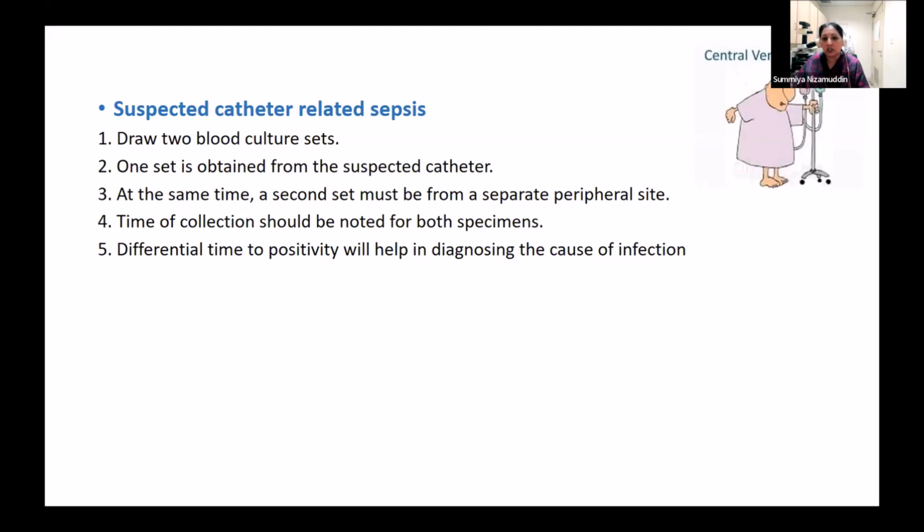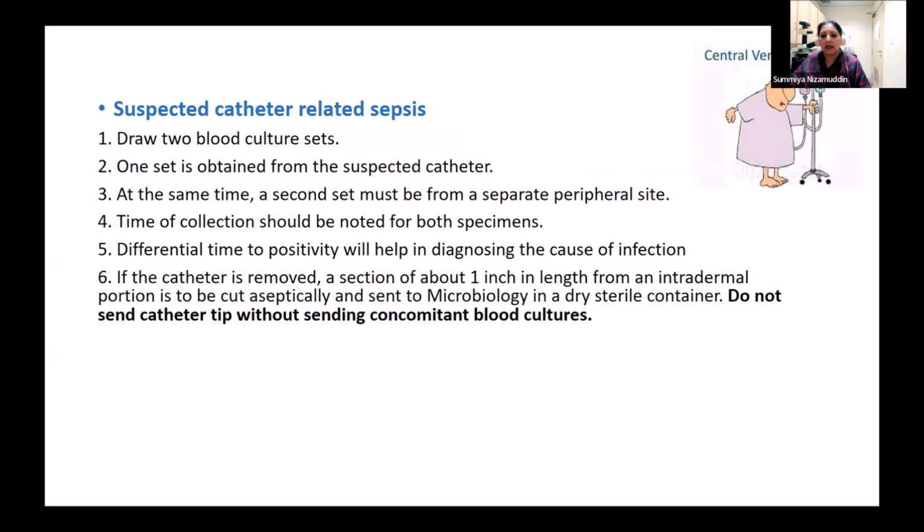But if your catheter blood culture bottle comes back positive 2 hours before your peripheral blood culture bottle, that means your catheter was the cause of infection over here. And here you will then have to decide whether to remove or replace the catheter. And if both of your bottles come back positive at the same time, then obviously it means the catheter is not the cause of the sepsis or infection; there is some other cause of infection.